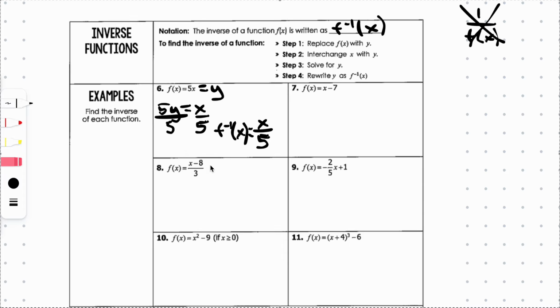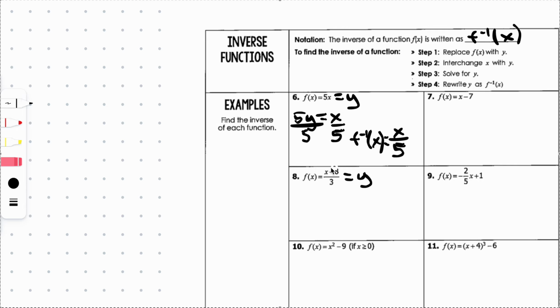So in this case, x minus 8 over 3 would be y. And I'm actually going to write this off to the side. We first want to switch x and y. So we get y minus 8 over 3 equals x.